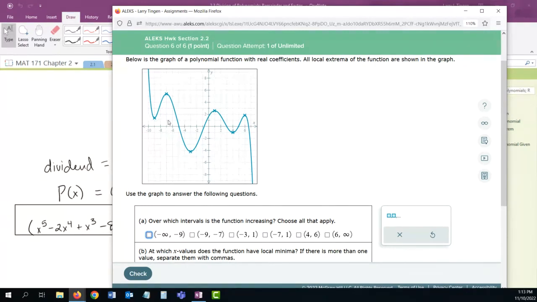So reading from left to right, I'm going up here, and remember that's between x values, not y values. So starting just to the right of -9 and going all the way up to -7, then I fall, and then I stop, and then I start to rise again. That starts at -3 and goes until 1.